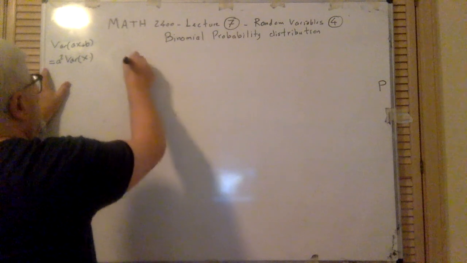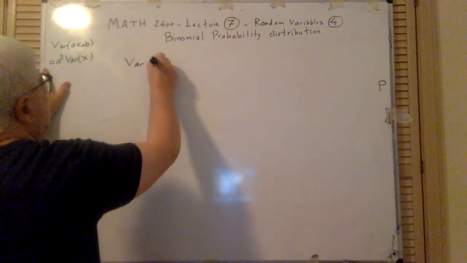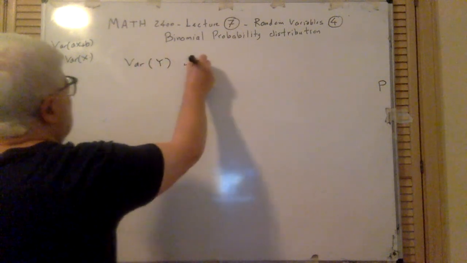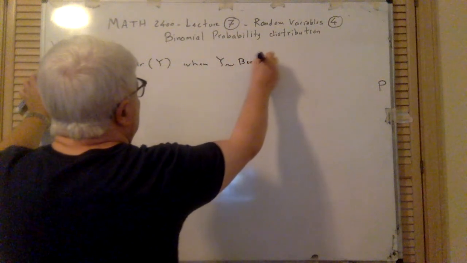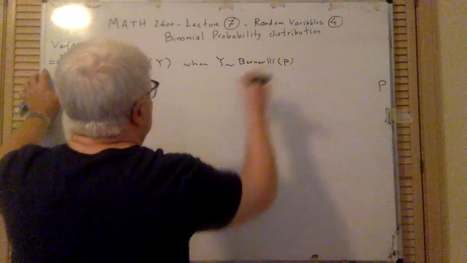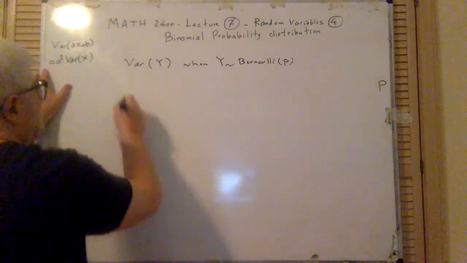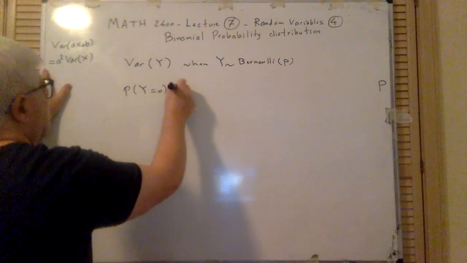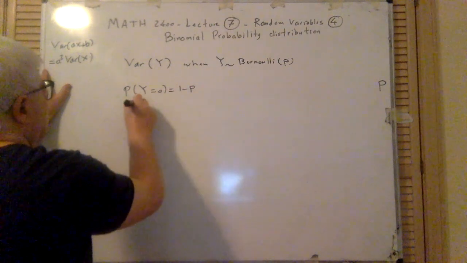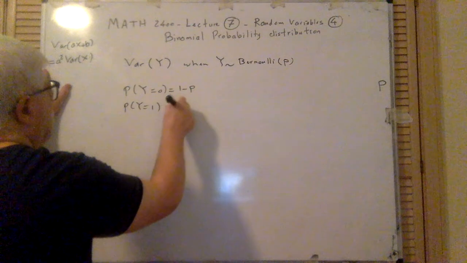So I need the variance of y, say, when y is Bernoulli p. What was y? The probability of y being 0 is 1 minus p. Remember, the probability of y being 1 is p.